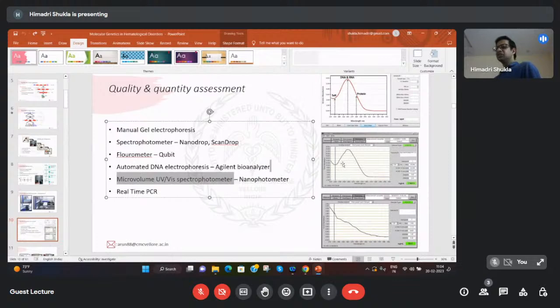Without going into the details, it depends on the shape of the curve. If you get a nice bell-shaped curve like this, it means your DNA quality is good. Whereas if it's a degraded DNA or if there are a lot of contaminants, you get something like this, a very haphazard-looking graph. So once you have a pure starting material, the DNA, you can go ahead with your molecular tests.